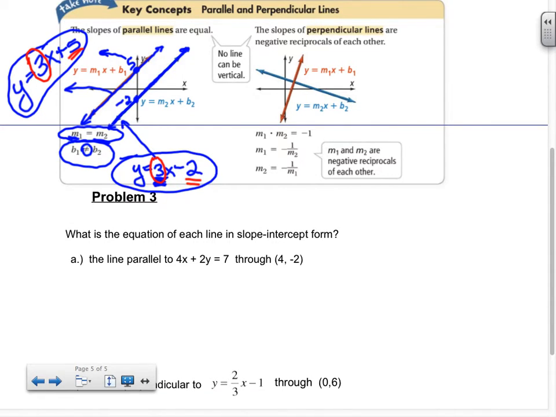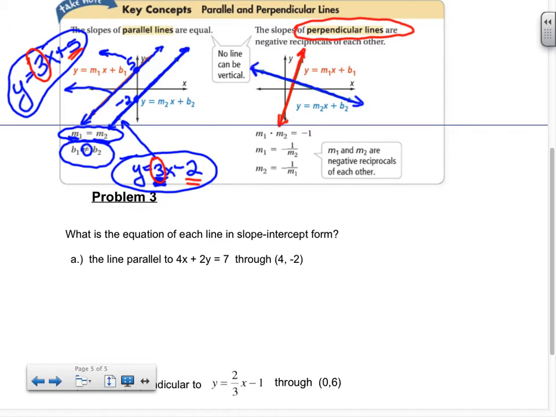They just will. When you jump over here to the other side, perpendicular lines, really what I want you to notice is one line is going up, so you know the slope is positive, and the other line is going down, so you know the slope is negative.